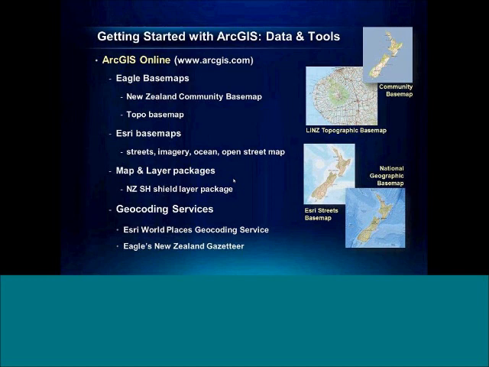And finally, a few different tools that are available through ArcGIS Online are the Esri World Place Locator, as well as Eagle's New Zealand Gazetteer service. And the Esri World Places geocoding service is a place name locator which was built using the GeoNames data set. And this data set includes reference to over 14 million places around the world, including places in New Zealand as well.